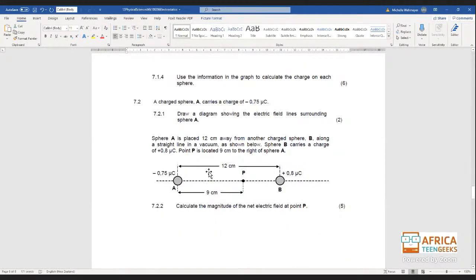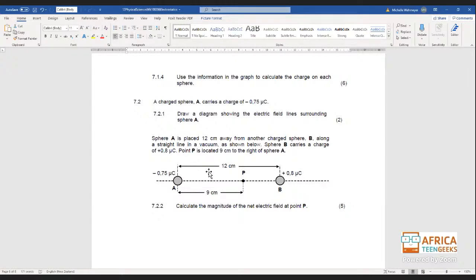Okay, so we are actually almost out of time. 7.2, they tell us a charged sphere A carries a charge of negative 0.75 microcoulombs, and they tell us draw a diagram to show how the field lines surround sphere A. So because it's negatively charged, your field lines are going to go into your circle.